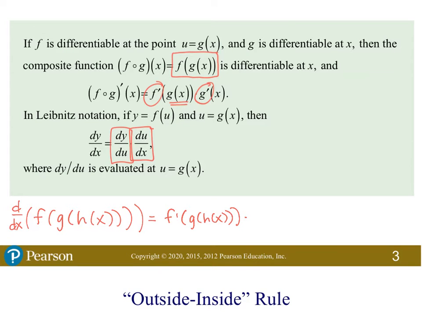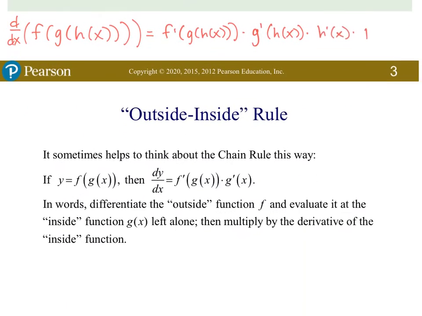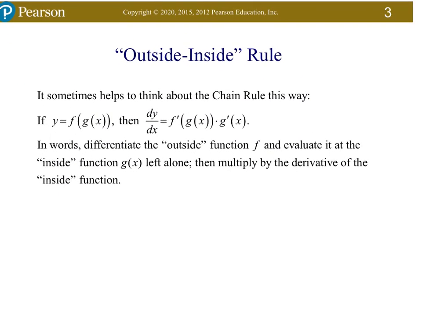And then multiply by the next successive derivative, so g prime, leaving the next interior unchanged, and then a third link in the chain, h prime, and then the derivative of the inside, which is just 1. So most often we refer to that as the inside-outside rule, working on from the outside and working your way in.